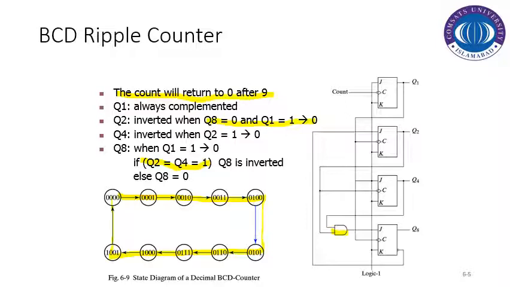We can see this by drawing this truth table, and we can see that within these states, these 4-digit numbers represent Q1, Q2, Q4, and Q8. So if we draw the table here, we've got Q1, Q2, Q4, and Q8.